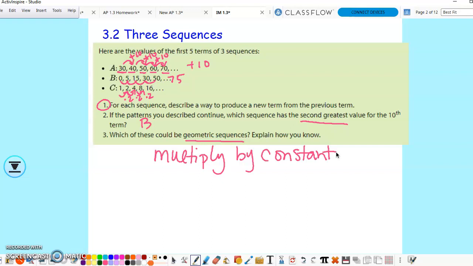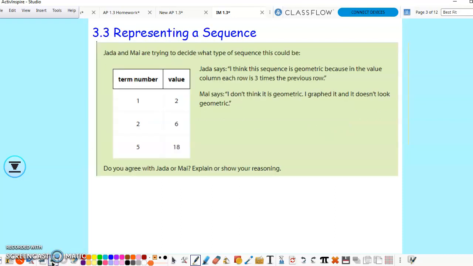Either one of those terms can be used. Because letter C is being multiplied by a constant of 2, our growth factor is 2, so letter C is geometric based on the definition. But letter A kind of helps us get ready for the next sequence we're going to talk about. Now, let's look at activity 3 in lesson 3.